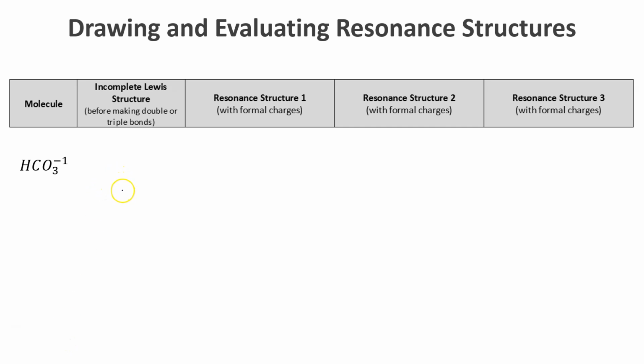The very first thing you've got to do is draw the Lewis structure. So I'm going to put that right here in this column that says incomplete Lewis structure, and you'll see why we're going to at first do the incomplete version. I'm going to go through these steps pretty fast, like arranging the atoms. First we'll start with CO3. The hydrogen atom in a particle like this is going to attach to the oxygens, just as a general rule to know.